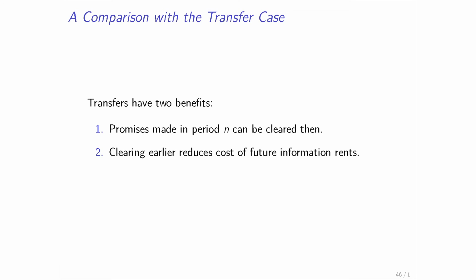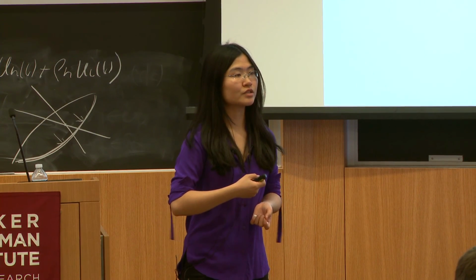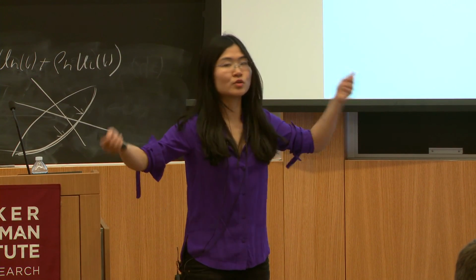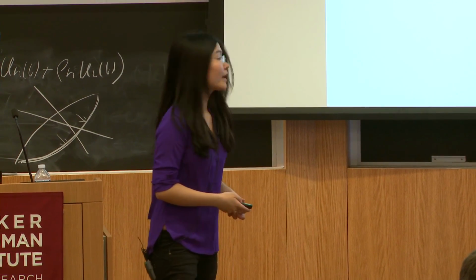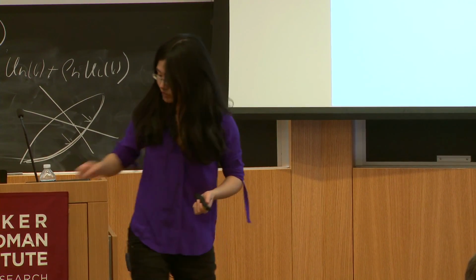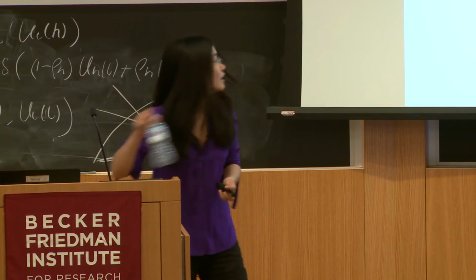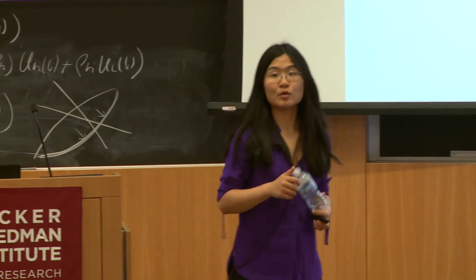If we don't have transfers, we can do neither. So the only thing we can do is to front-load the efficient allocation as long as possible and use the two endpoints to create incentives for the agent. So that is the final comparison we want to make.